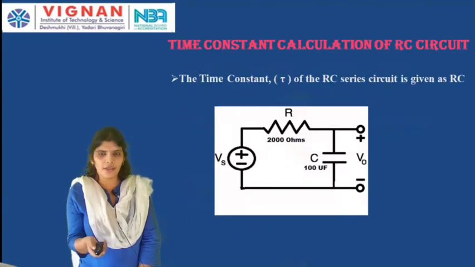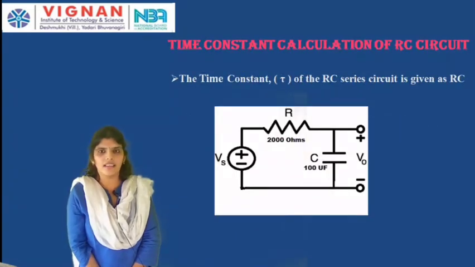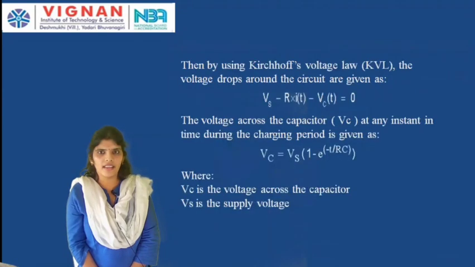Applying Kirchhoff's voltage law to this circuit, we get Vs minus the voltage across the resistor, which is I into R, minus the voltage across the capacitor, Vc of t.